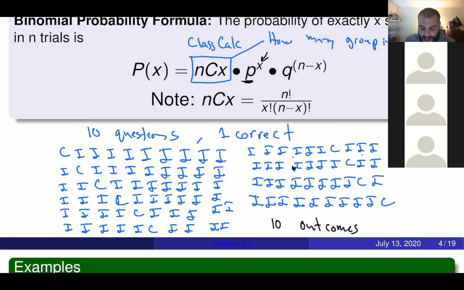And then you have q, which is the probability of failure. And then you do n minus x, which is going to tell you how many failures. And then all you have to do is multiply all three of those numbers out, and that way you could get the answer. All right. Everybody good with that formula?